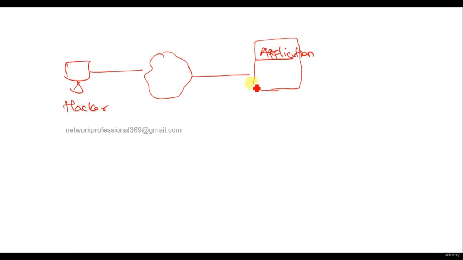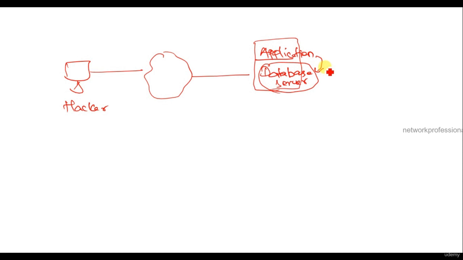One is the actual web server, the other is the application server, meaning the application that is running on it, and the third is the database server. The database server is the backend of the application server, and the application server is running on the web server.